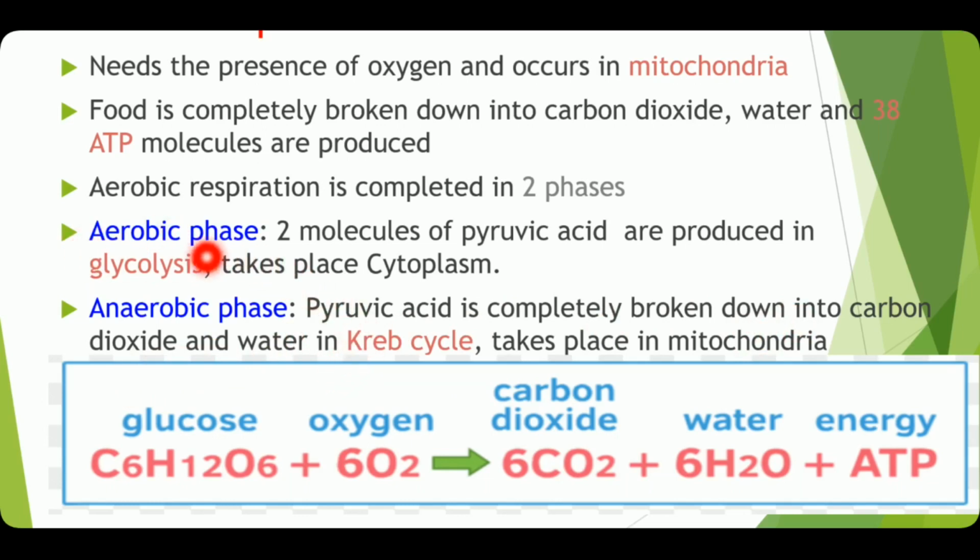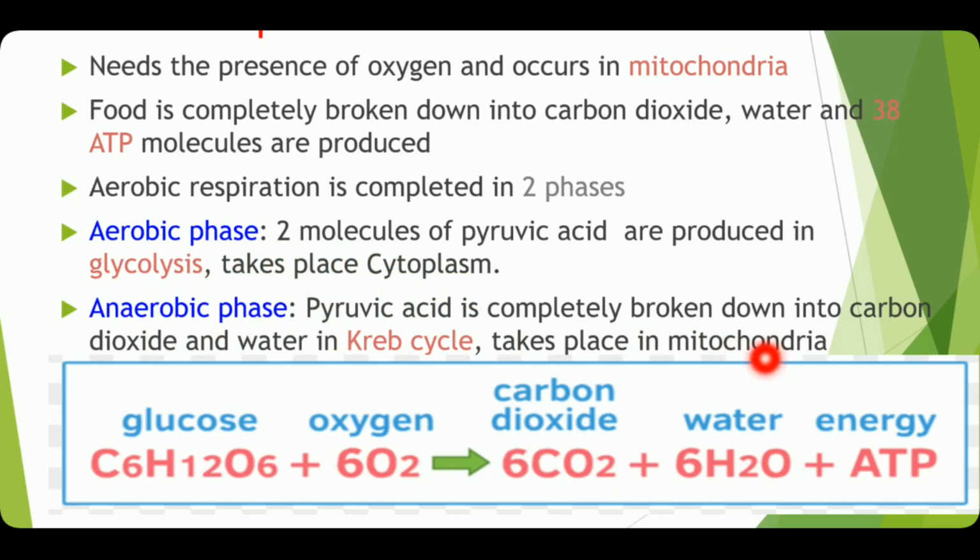This anaerobic phase is also called glycolysis, and the aerobic phase is also called the Krebs cycle, after the scientist Krebs, who discovered it. Anaerobic respiration takes place in the cytoplasm, and aerobic respiration takes place in mitochondria.